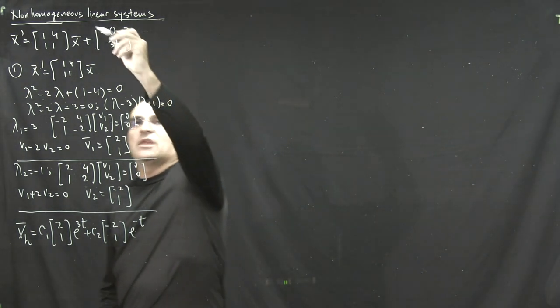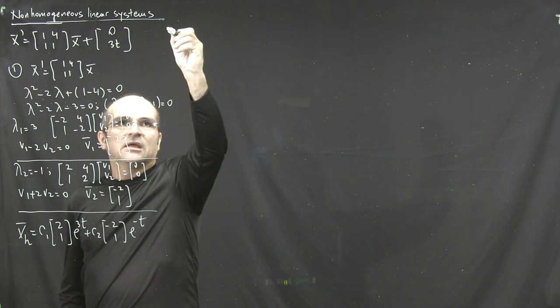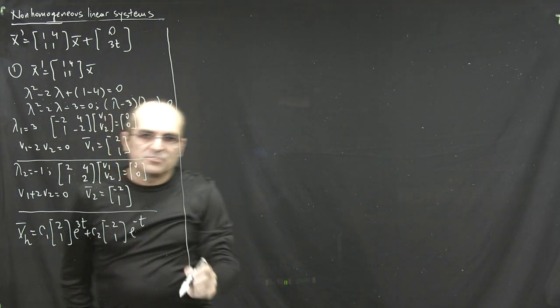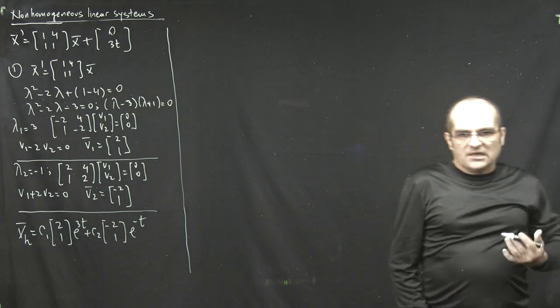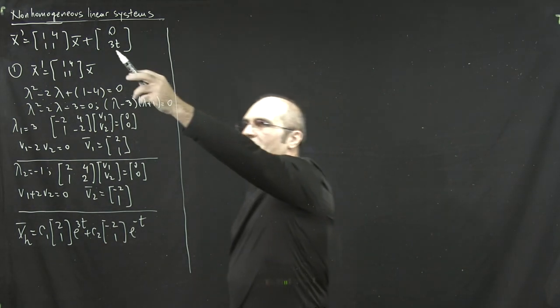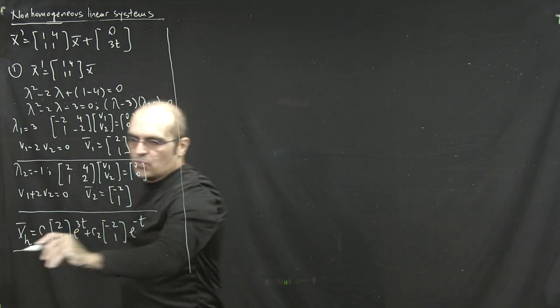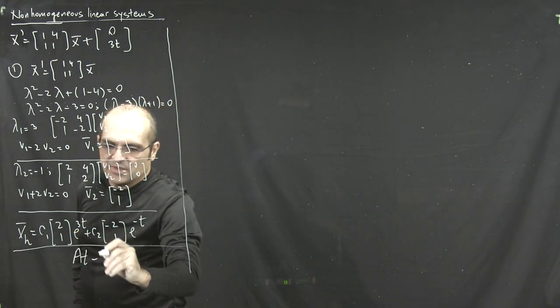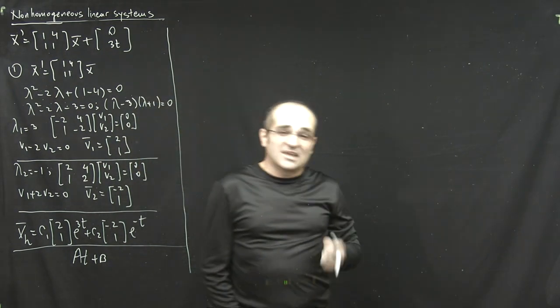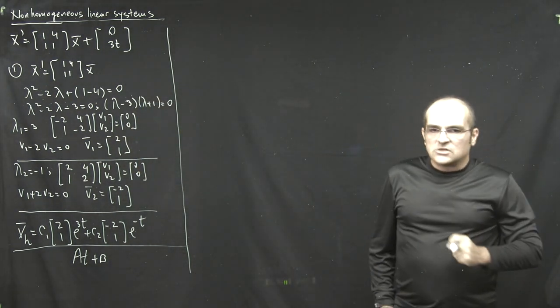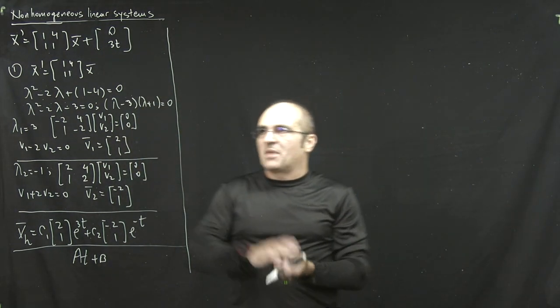So now we start looking at the non-homogeneous term. And remember what I told you before, it's clear that we need a linear term to match the second component. When I say linear term, I mean a quantity like this, at plus b. Now notice this also takes care of a constant, so you don't need a separate constant to match this.